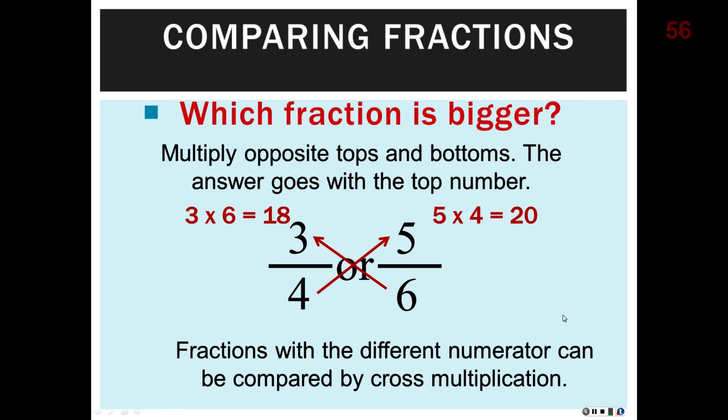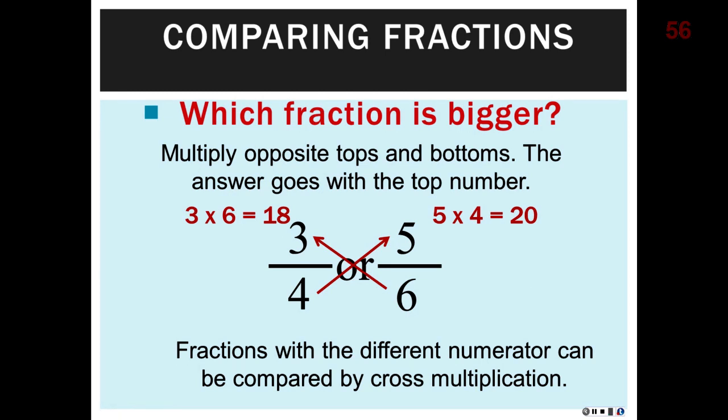Shortcut. Cross multiply. 4 times 5 is 20. The answer goes with the numerator. 6 times 3 is 18. The answer goes with the numerator. 3/4 is less than 5/6. Quick and dirty.